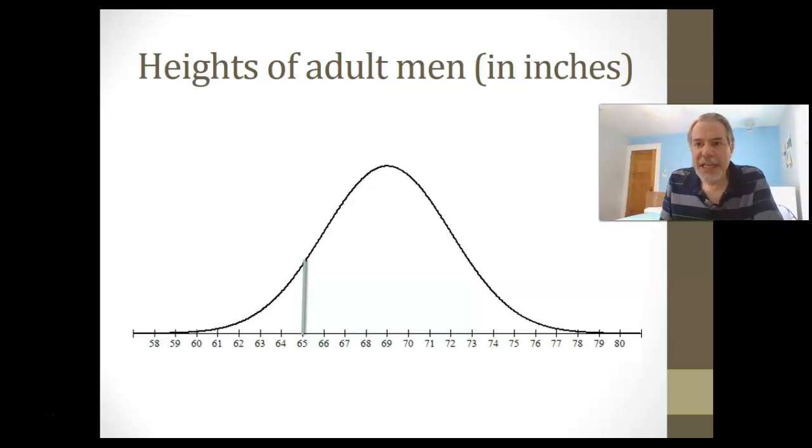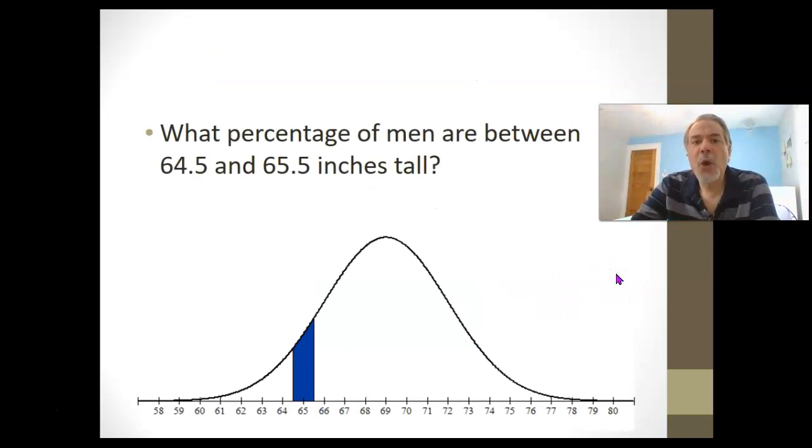So with a continuous variable like this, we don't talk about specific numbers so much as we talk about a range of numbers. So we might ask a question like, what percentage of men are between 64.5 and 65.5 inches tall? So that way there's no question.